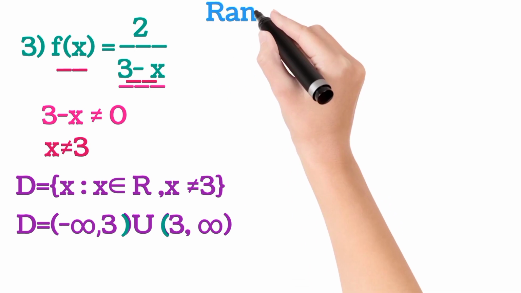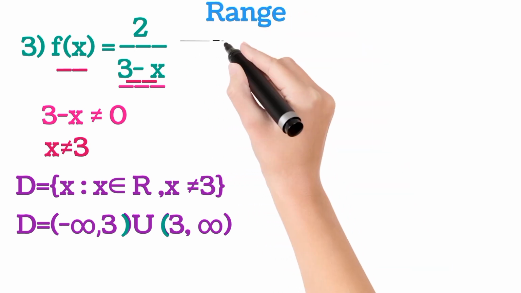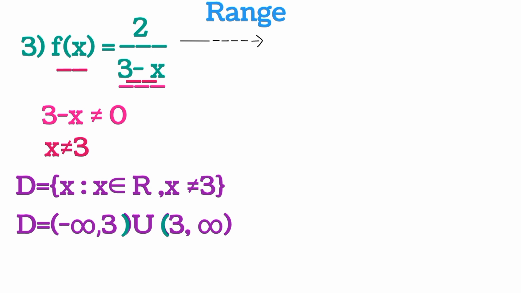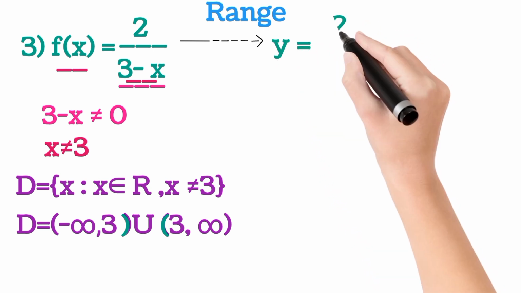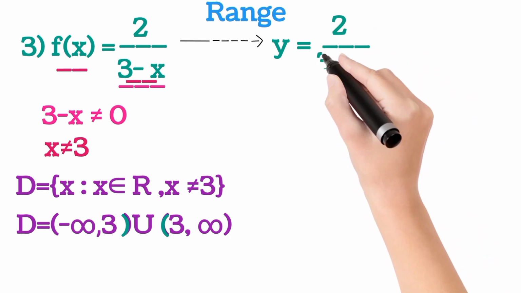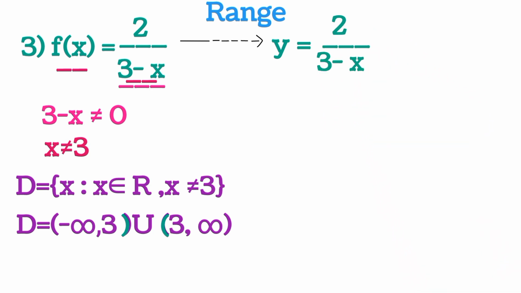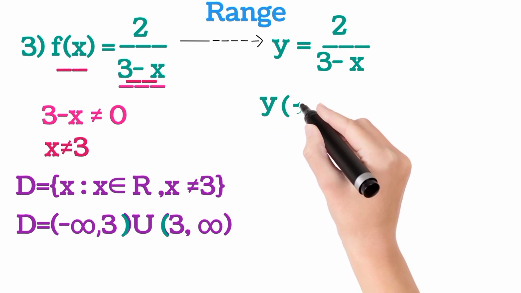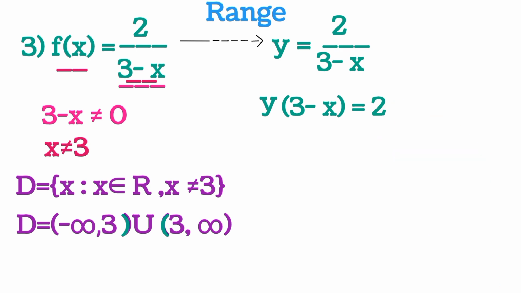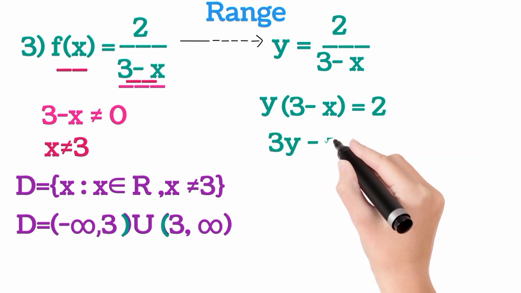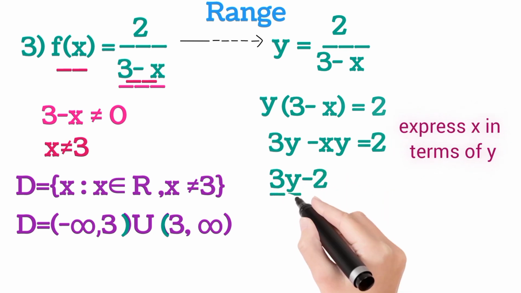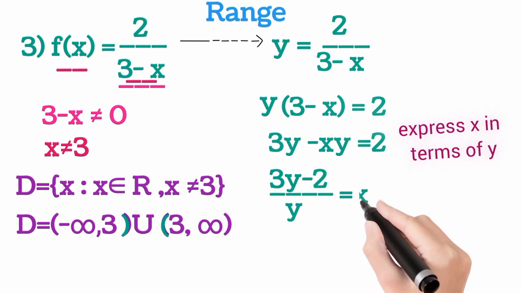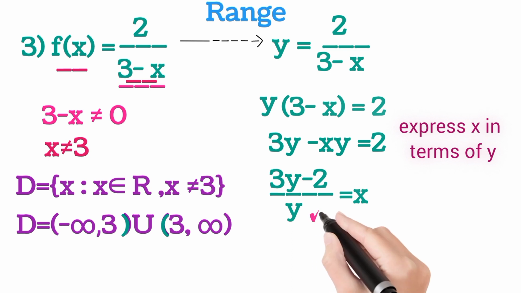Now for the range, we will write f(x) as y, so this equation will become y = 2 divided by (3 minus x). On solving, we will get y(3 minus x) = 2, which will give 3y minus xy = 2, or x = (3y minus 2) divided by y, which is x in terms of y.